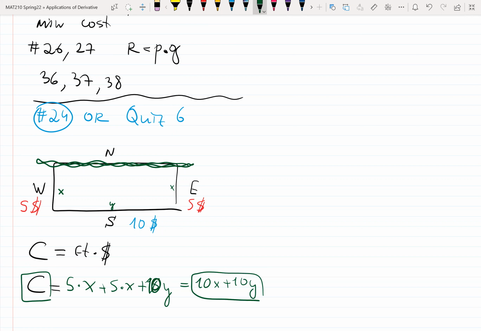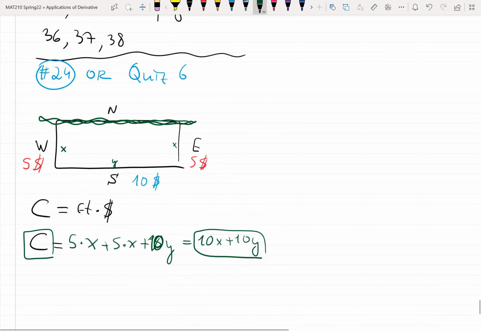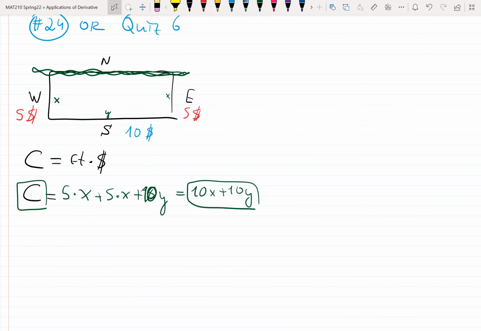And then actually this problem was changed to still minimize if I have a budget given, what are the dimensions of the garden? But sometimes we'll ask you to minimize the price if the area is given. So let's do that instead because it's more interesting. If area is given, say 120 feet squared.